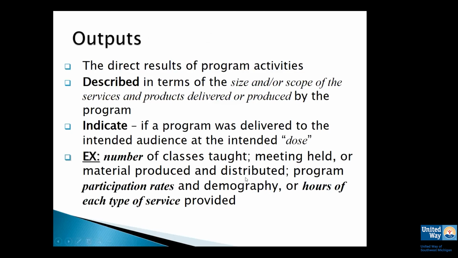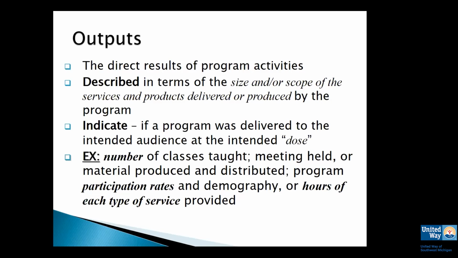Okay, so let's talk just a little bit more about outputs. I think I've said as much as I probably need to, but just to reinforce one last time, again, outputs are the direct result of your program activities. They usually describe the size or the scope of the services or the products. And again, this is the sort of thing that we used to report to our boards of directors.